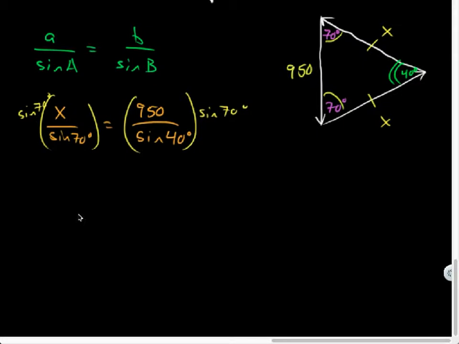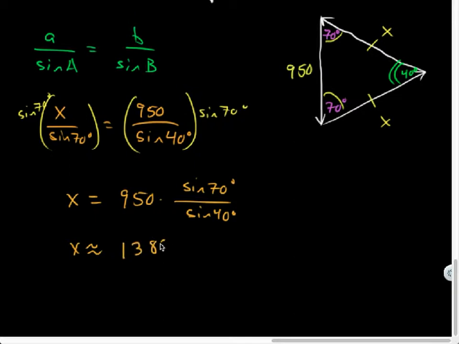And I'll get x is equal to, this is what I'd plug in my calculator, 950 times sine 70 over sine of 40. So x is about, here's a calculator. Let's see, am I in radians or degrees? I am in radians. So sine 70, close parentheses, divided by sine of 40, close parentheses, multiplied by 950. And I get 1388.8071. And this would be measured in pounds.